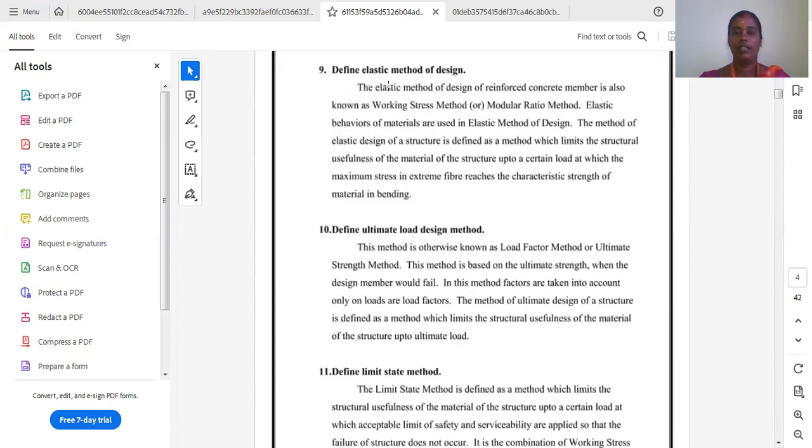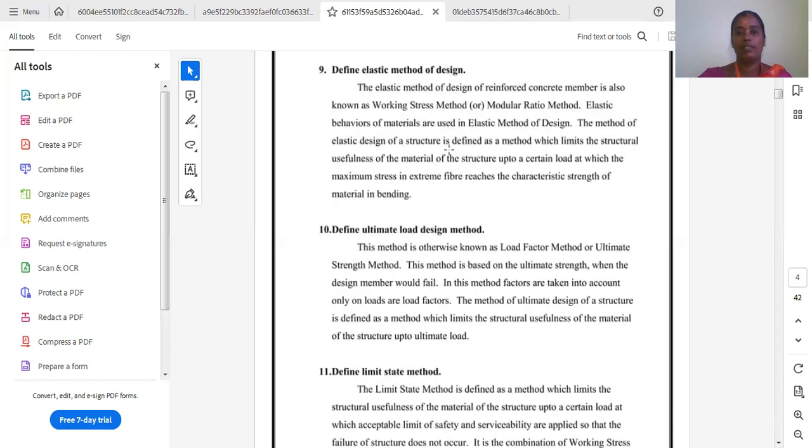Here you can see the elastic method of design of reinforced concrete. The elastic behaviour of the material is considered in design. The elastic design of a structure is defined as the method which considers the structural usefulness of the structure.